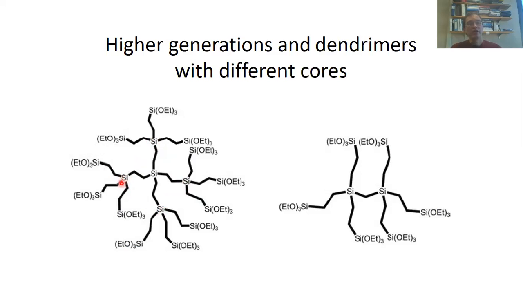And then around that, we have a second generation silicon shell. Now, this molecule can also be used as a single source precursor for periodic mesoporous silica material, even though this molecule is already almost 2 nanometers in diameter itself.